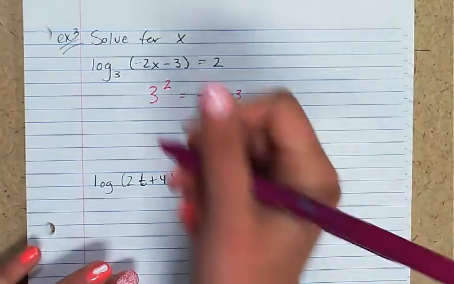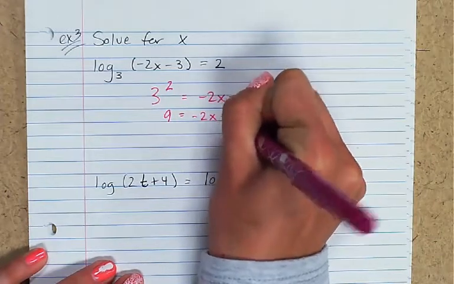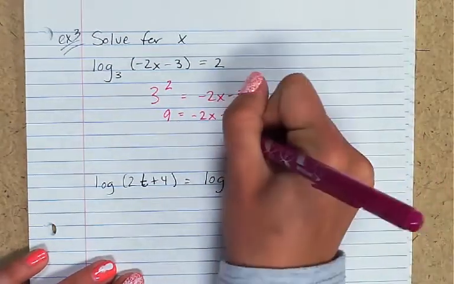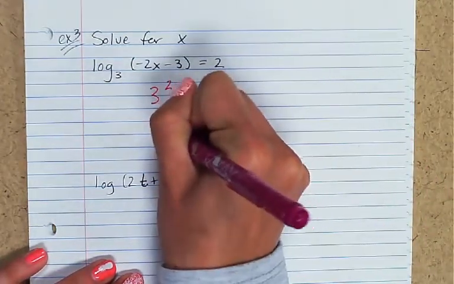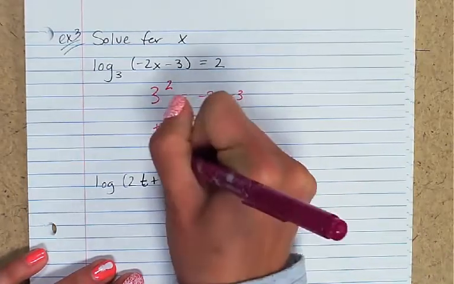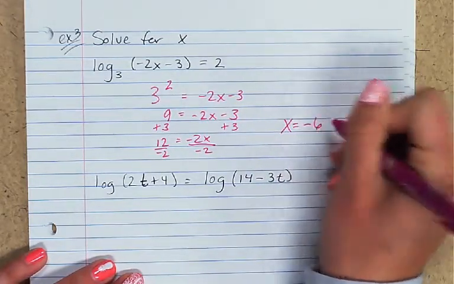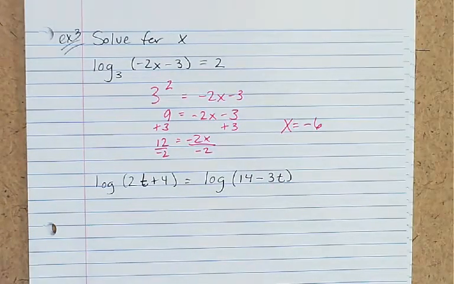So if we evaluate our exponent over here, 3 squared is 9. Now we just have a regular equation. Add 3, divide by negative 2. Negative 6 there.